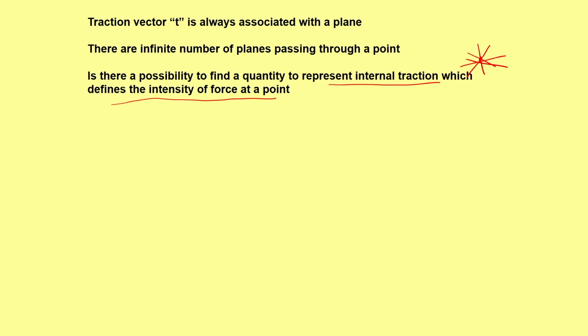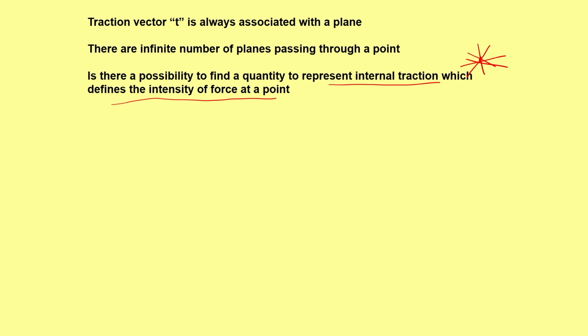So, is there a possibility of finding a particular quantity which is a substitute and which represents the traction vector? At the same time, it defines the intensity of force at a point, because traction does it, but traction is associated with a given plane. Now, there are different planes.